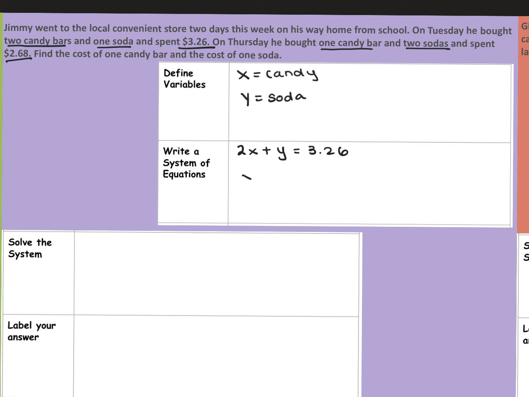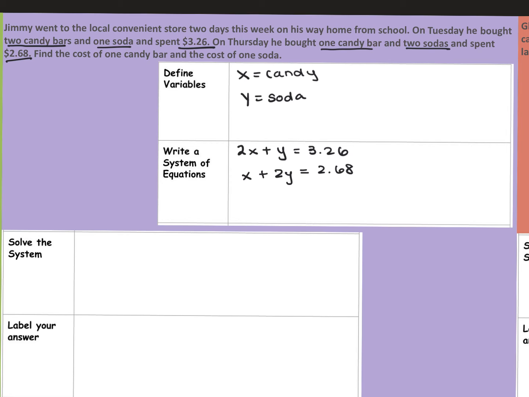So we have x plus 2y is equal to 268. You could graph this in the Desmos graphing calculator, or graph by hand. You can also use elimination here, but I'm going to use substitution because I see I have my x by itself. Looking at the second equation, my x has a coefficient of 1.